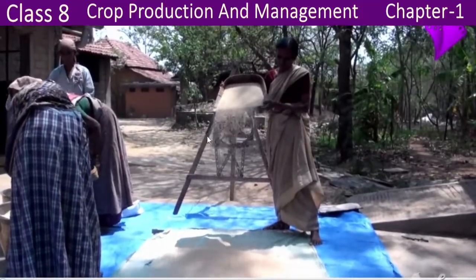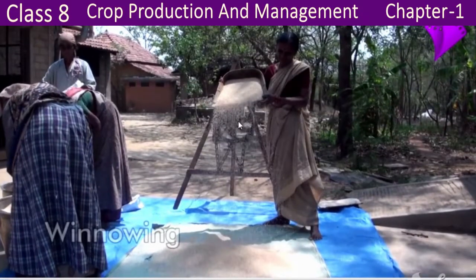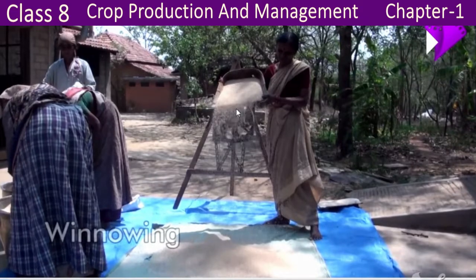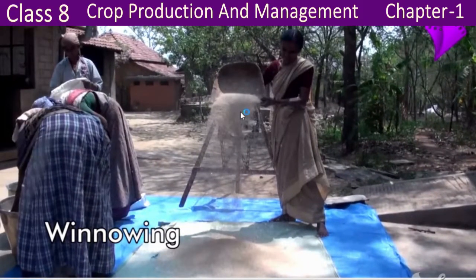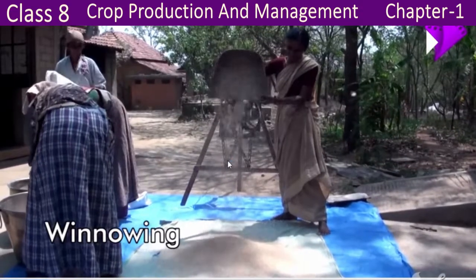Look at the winnowing, guys. See, winnowing is something like this, where you are separating the lighter and waste particles from food grains. See, at the backside there is a fan, and she is blowing on the food grains, where the lighter particles and different forms of dust will go away, right?